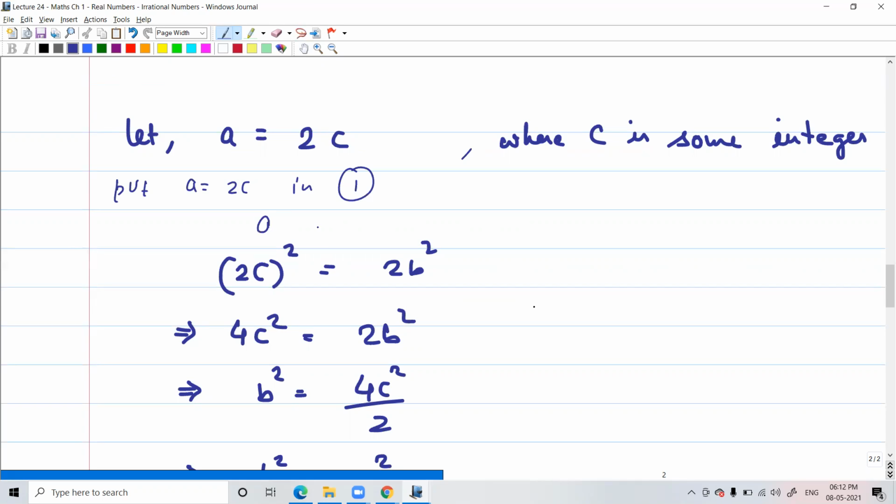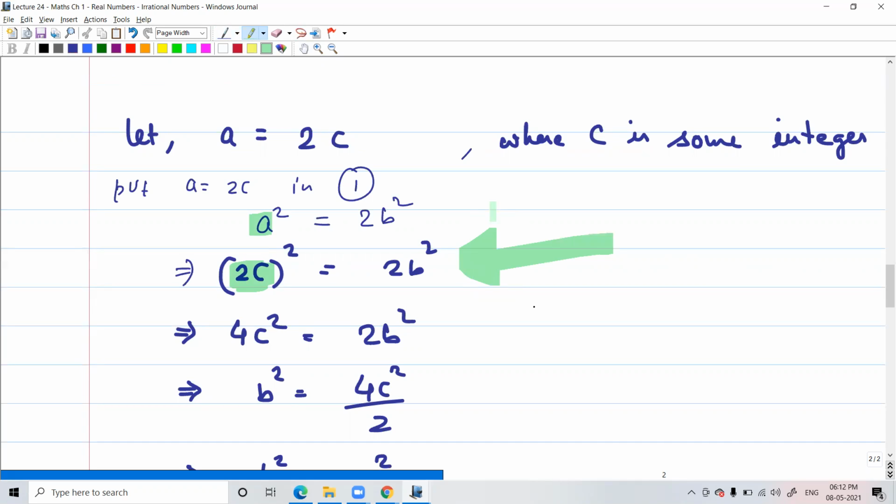So what is equation 1? a square is equal to 2b square, right? That's the equation, and in place of a, we have put 2c now. Tell me if this is clear up to this step.